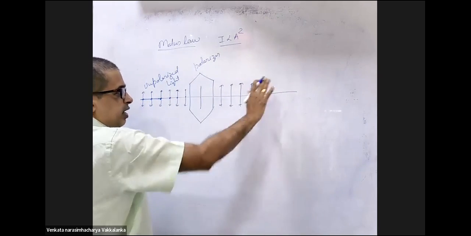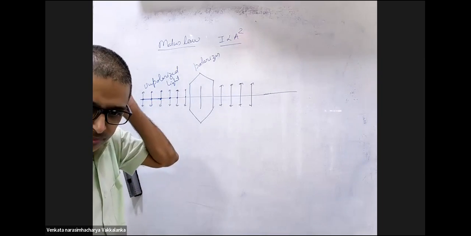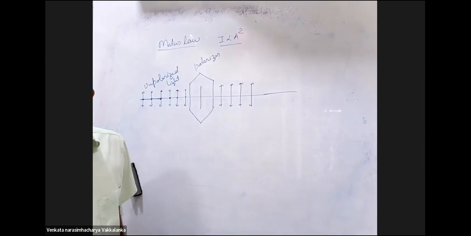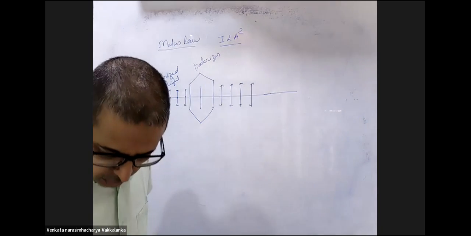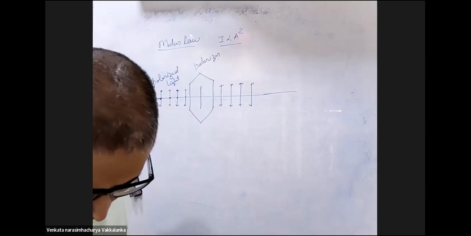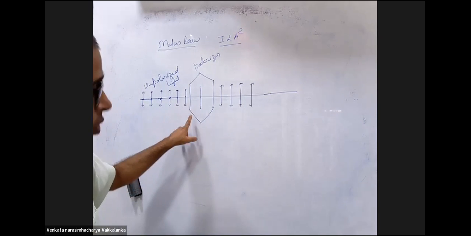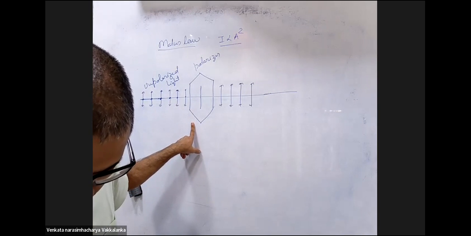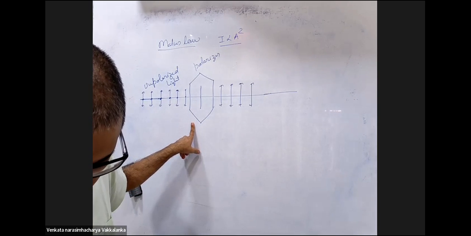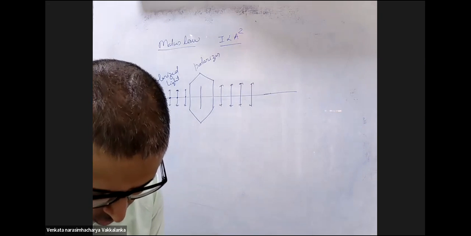The slit is in this direction. You'll have only this. Now what you do is, wait. Polarizer, analyzer, I hope I am not going wrong. The intensity is proportional to the square of the cosine of the angle between the plane of transmission of the analyzer and the plane of transmission of the polarizer.